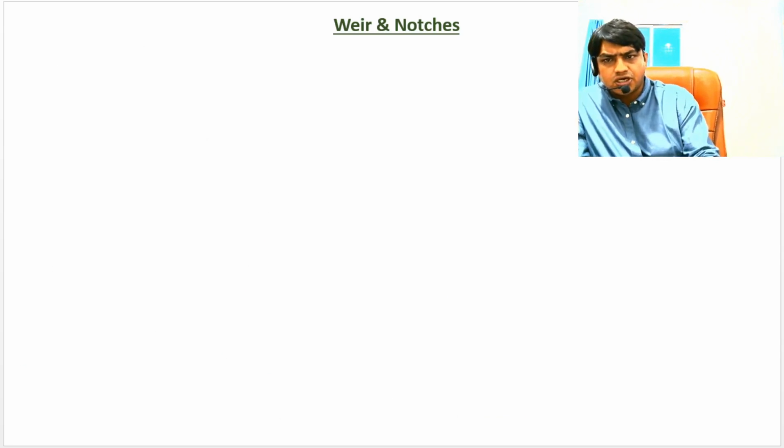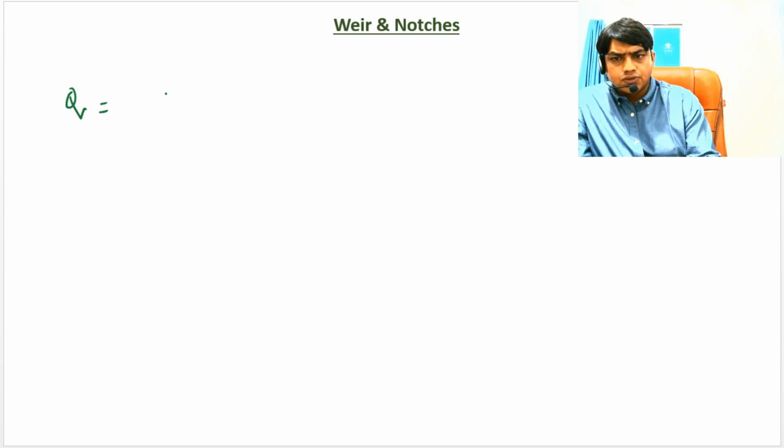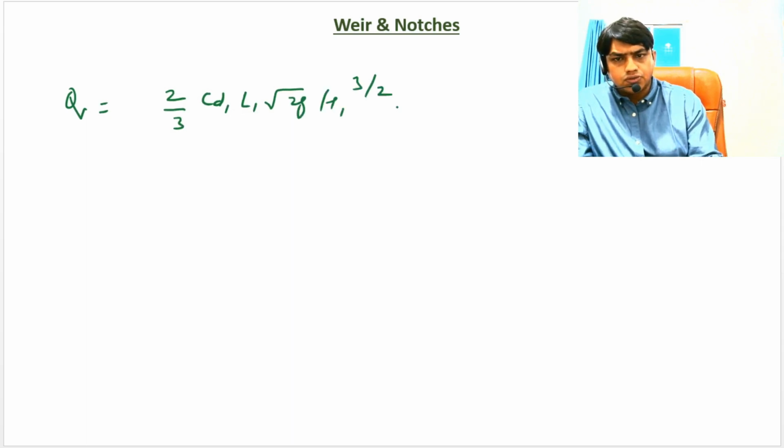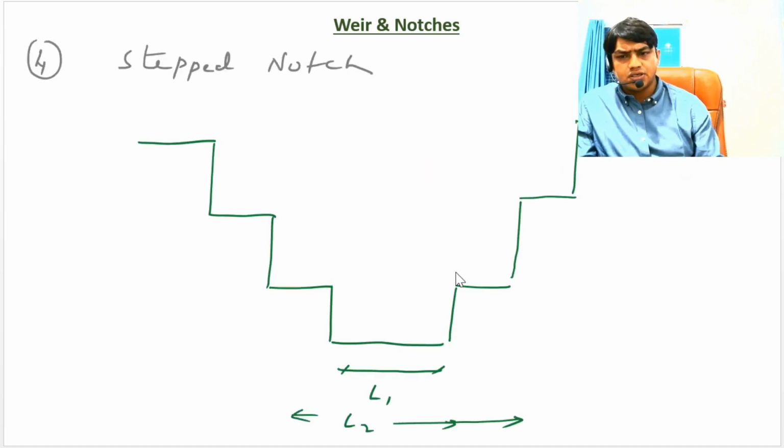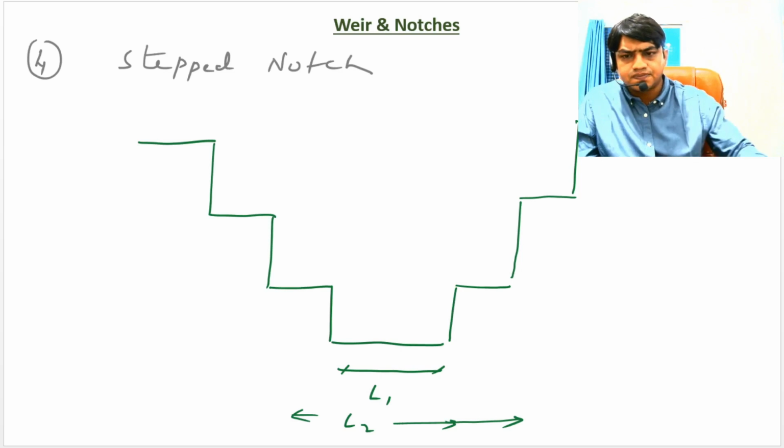So we can compute the discharge that is equal to 2/3 of CD1 L1 root under 2g H1 to the power 3 by 2 plus 2/3 of CD2 L2 root under 2g H2 to the power 3 by 2 plus 2/3 of CD3 L3 root under 2g H3 to the power 3 by 2, and so on. With the help of this we can compute the discharge in the stepped notch.